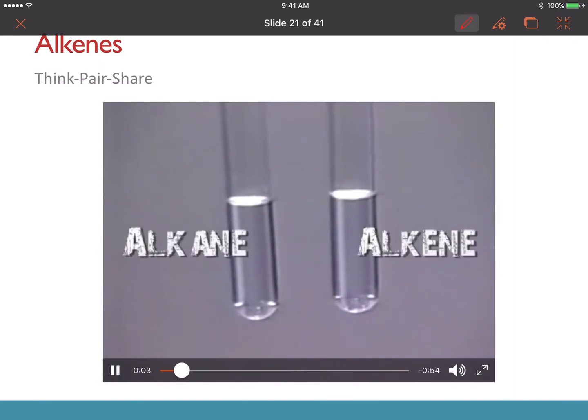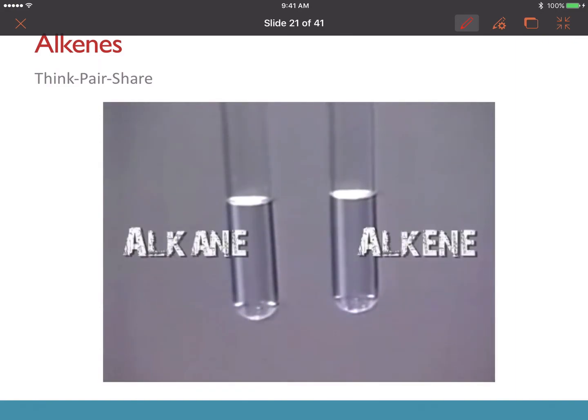This is the video section. Okay, you're watching a video. So on the left hand side we have alkanes, on the right hand side we have an alkene. You can see that when we are adding the reddish brown bromine solution, there's not much change to the alkane.